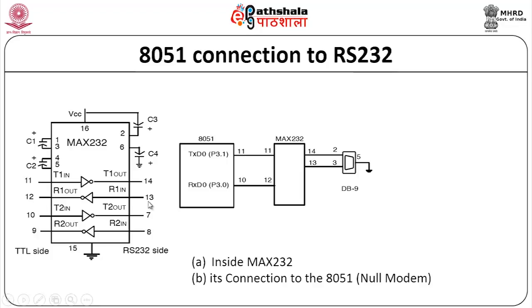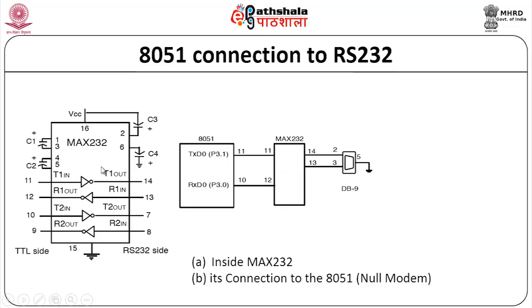If I am giving a receiving signal of RS232 kind at this particular pin, I can get out the TTL compatible serial output at this particular pin. This is the way the connection is done. That means MAX 232 11th pin is connected to 11th pin and the 12th pin is connected to 10th pin of this RxD.